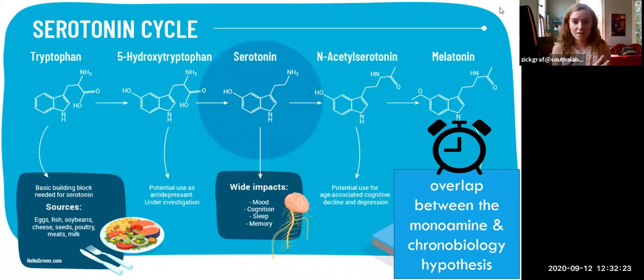Because serotonin signaling, and specifically the availability and levels of serotonin in our brain, but more complicatedly than that, how much serotonin is allowed to break down and degrade influences the regulation of our sleep cycles. So the monoamine hypothesis and the chronobiology hypothesis really aren't separate. They interact with each other because serotonin and melatonin ultimately come from the same compound.